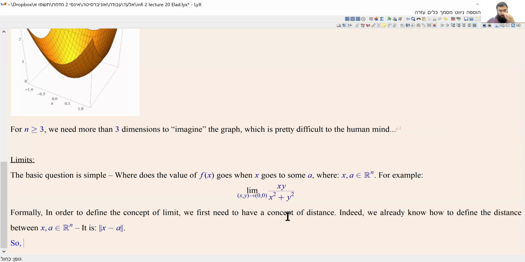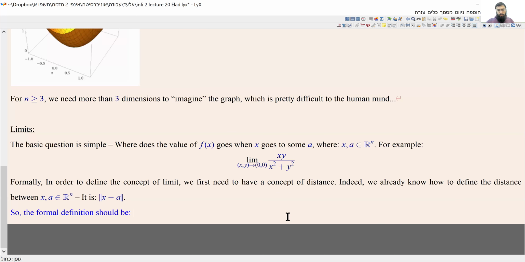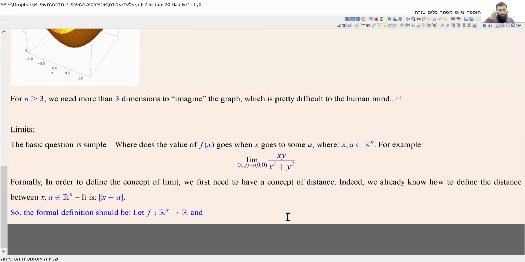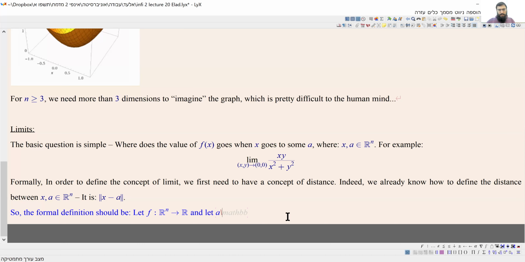So the formal definition should be something like that. Let f be some function from a subset of Rn to R. Let a be in Rn.